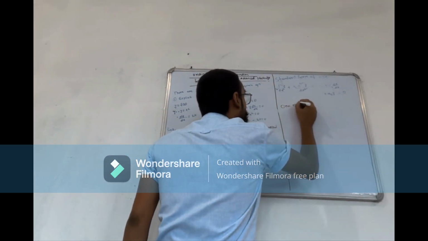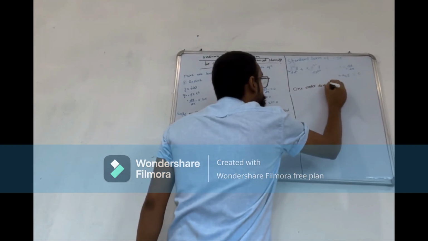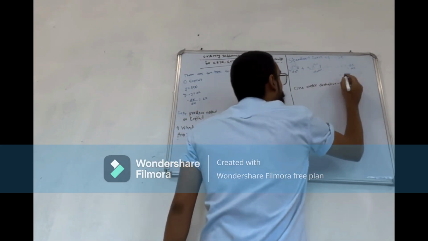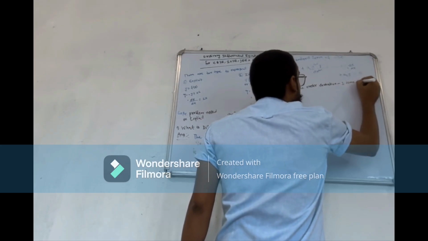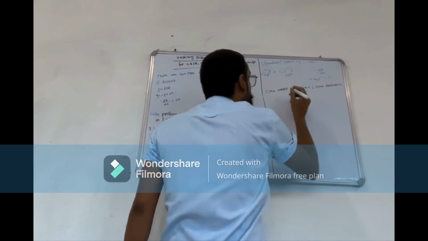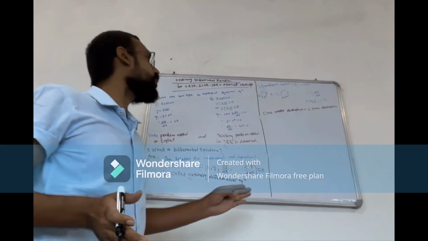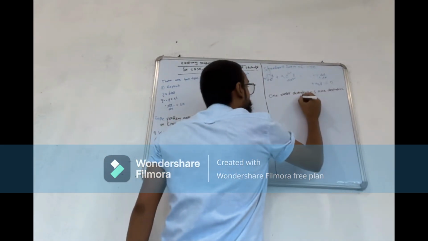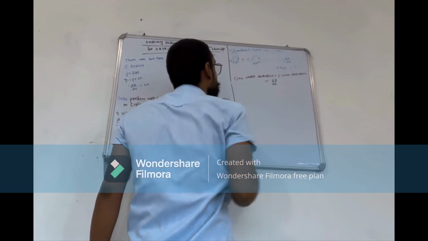one order derivative means one time derivative, or dy by dx of y.